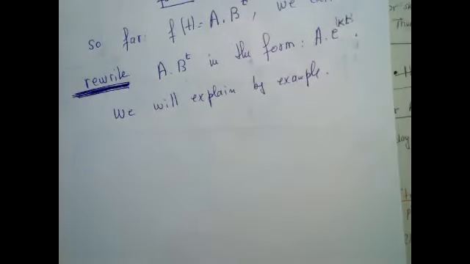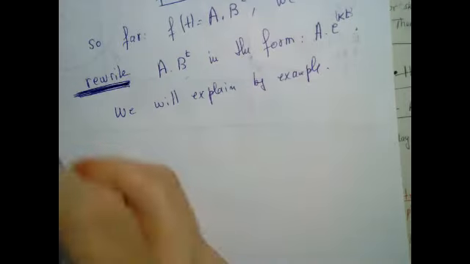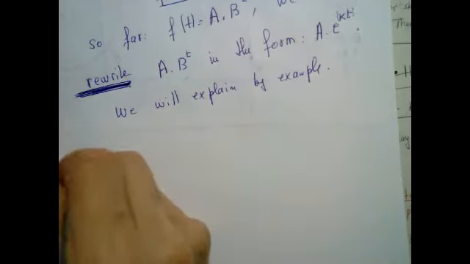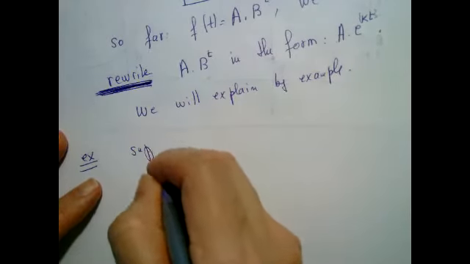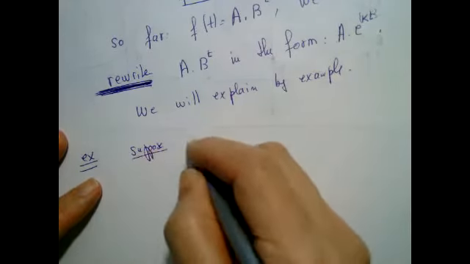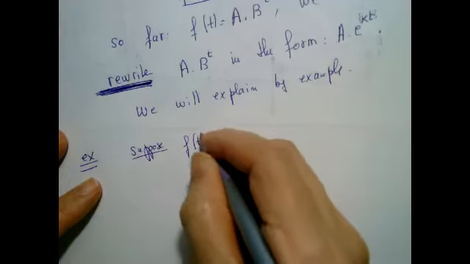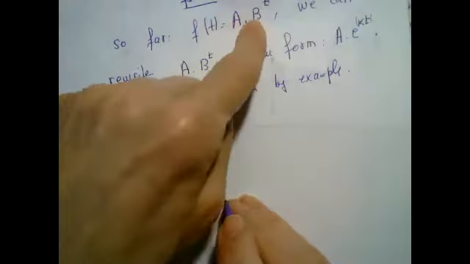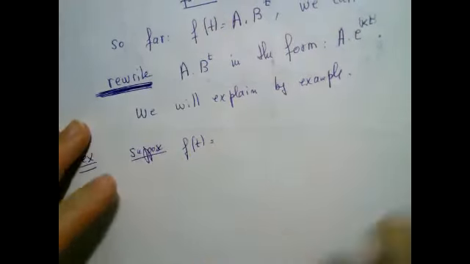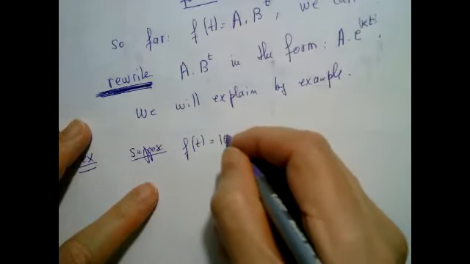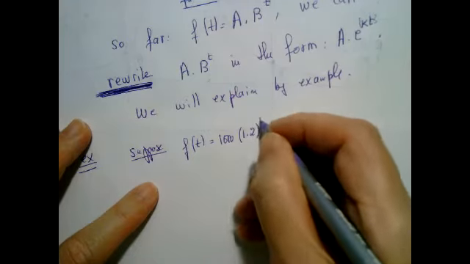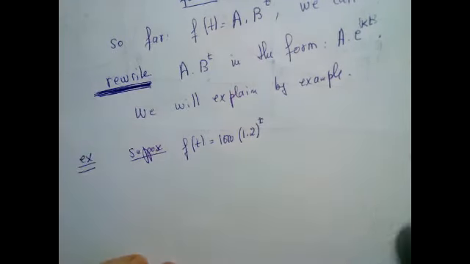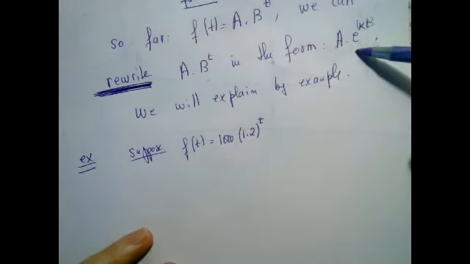So example 1, and you have to help me out a little bit. Suppose f of t is written in this form, let us say 1,000 times 1 plus 2 to the power t, and I want to rewrite it in this format.